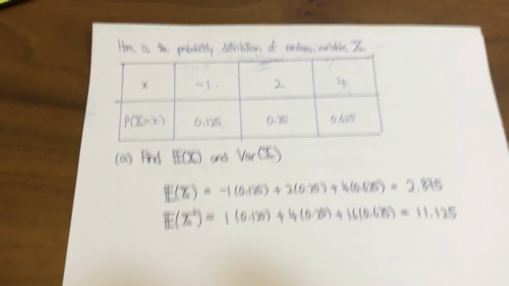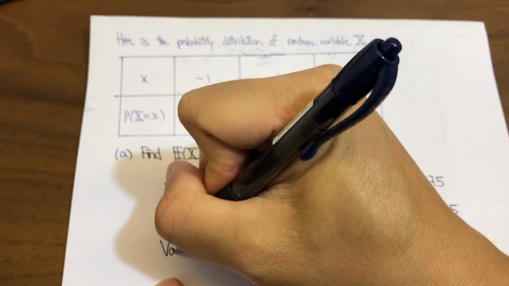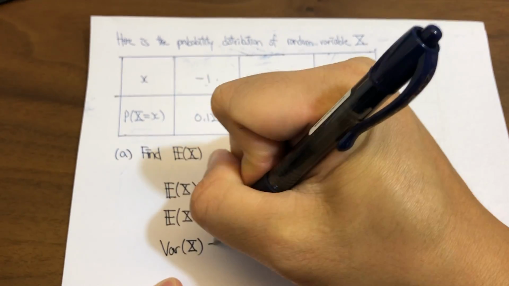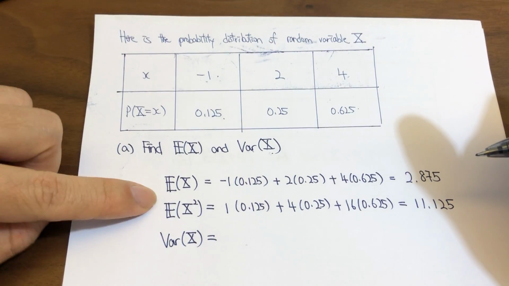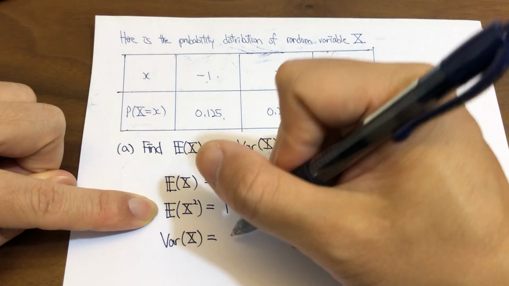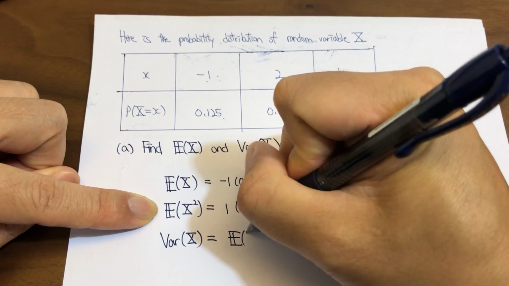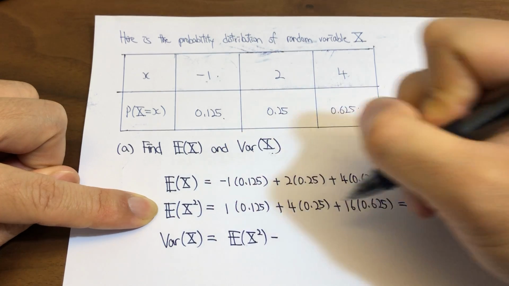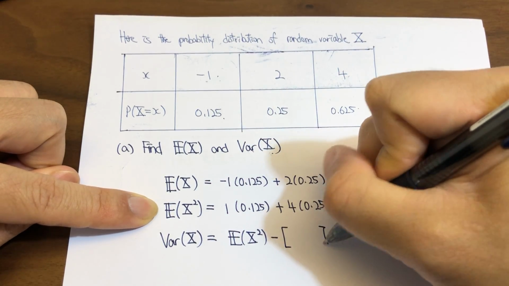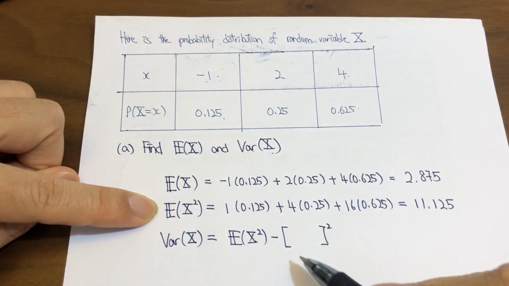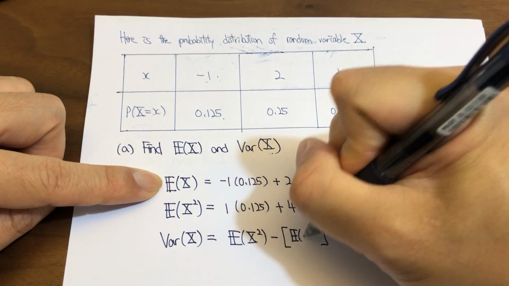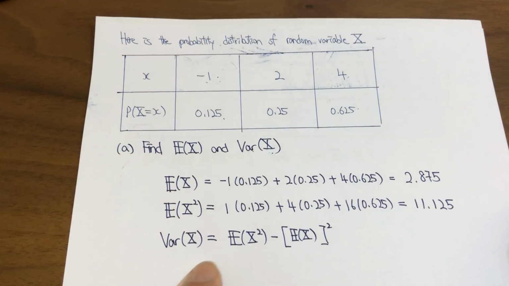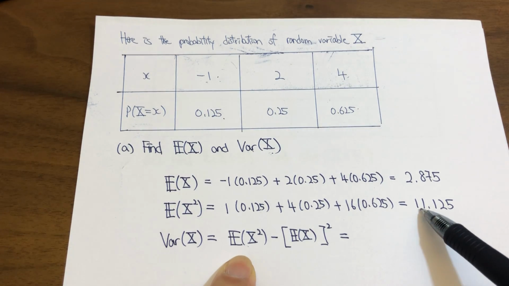And now we are ready to find the variance of x, because we have a formula. We know that the variance of x equals, first of all, the expected value of x squared minus something squared. What should it be inside? Just the expected value of x. Okay, so this is the formula. The expected value of x squared, we have found already.